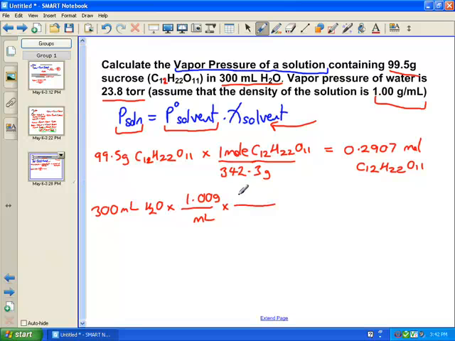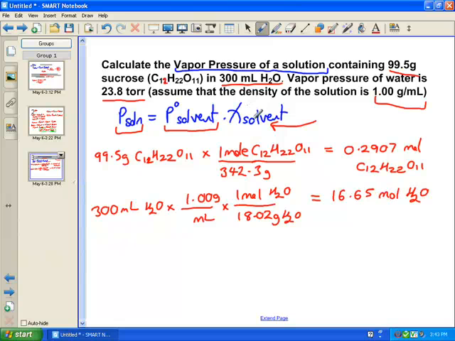It's H2O we're talking about, so in every 1 mole of H2O we have approximately 18.02 grams of H2O, and when we calculate that out, it gives us an answer of 16.65 moles of H2O.